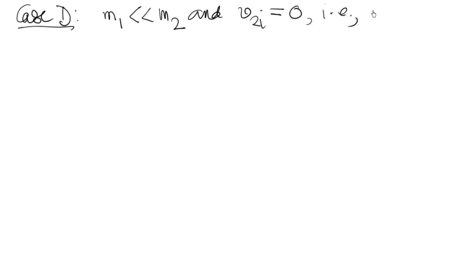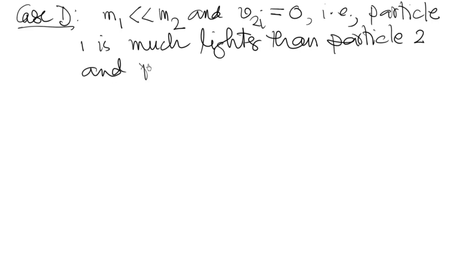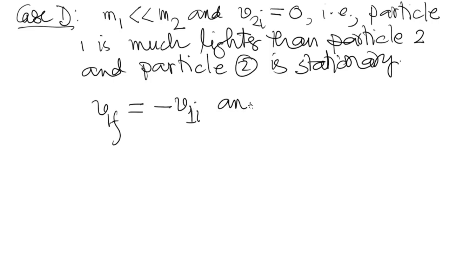That is, particle 1 is much lighter than particle 2, and particle 2 is stationary. From the previous equations 6 and 7, we find that v1f will be equal to minus v1i and v2f will be equal to 0.